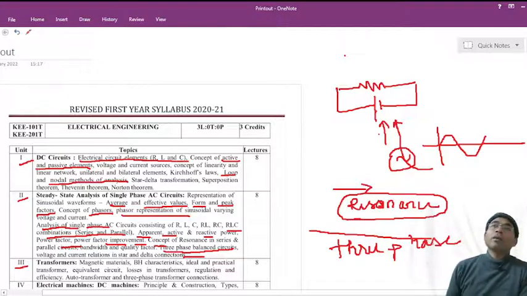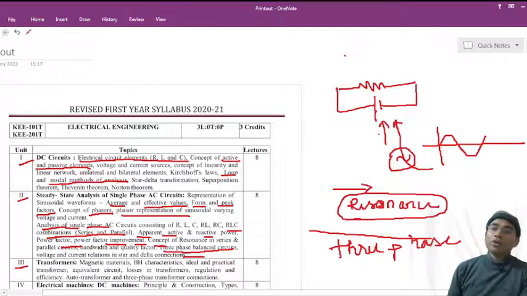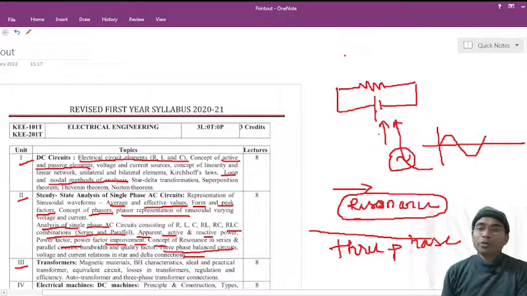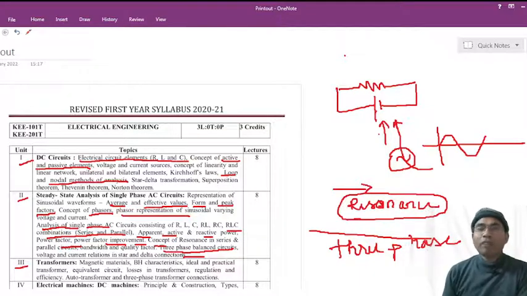But we use single phase in our domestic utilization, and that single phase we get from the distribution transformer. You can see that in the distribution transformer you will see 3 terminals in the primary, while in the secondary there are 4 terminals.